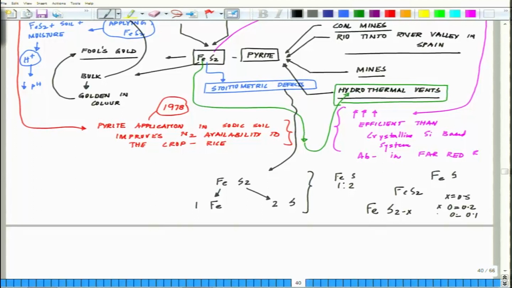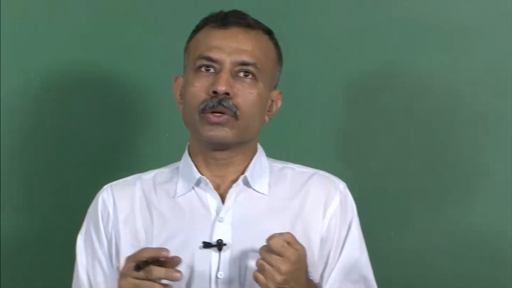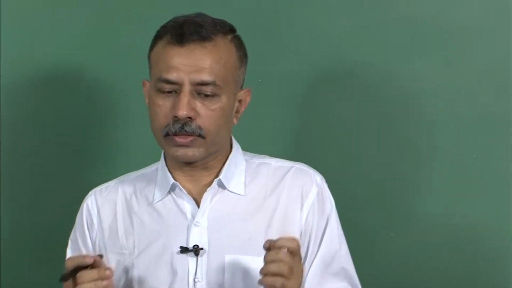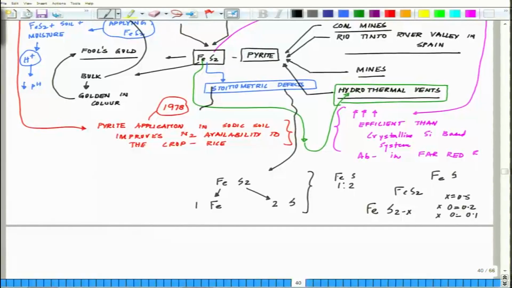whatever, that is immaterial. The point is that not every iron atom is bonded to 2 sulfur. There will be iron atoms which may be devoid of it, and these kinds of defects are called stoichiometric defects.